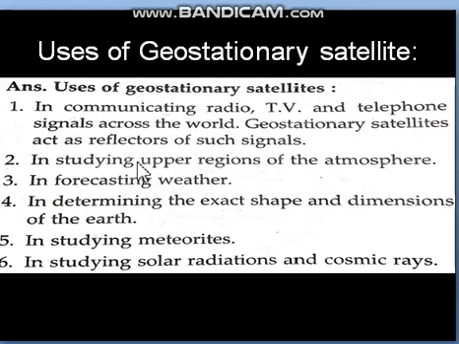In collecting the data for the study of upper regions of the atmosphere, in forecasting weather, then exact shape and dimensions of Earth can also be surveyed through this geostationary satellite, in studying meteoroids and in studying solar radiations and cosmic rays. Just keep an idea about the uses of this satellite.